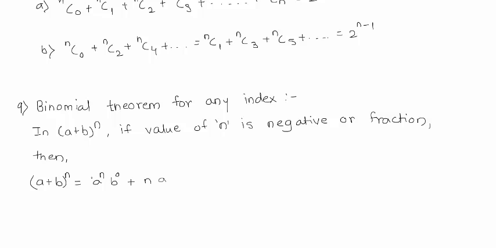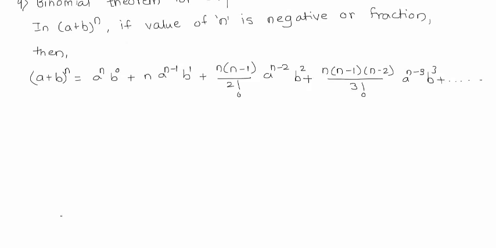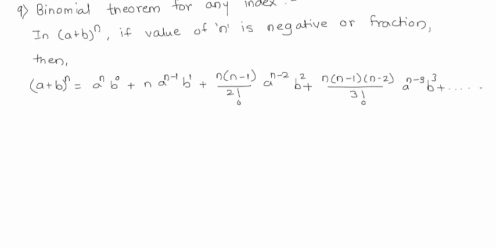So we say (a + b) whole power n is equal to a raised to n b power 0 plus n (that is, nC1, we write the value directly) into a raised to n minus 1 b power 1 plus n into n minus 1 upon 2 factorial a raised to n minus 2 b power 2 plus n into n minus 1 into n minus 2 upon 3 factorial into a raised to n minus 3 b power 3 and so on. Alright students, so here we learn the binomial theorem for negative or fractional values of n.